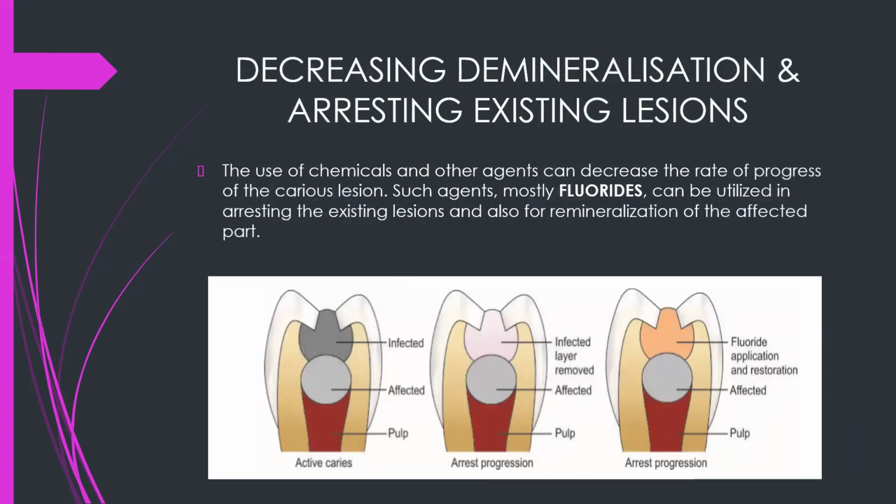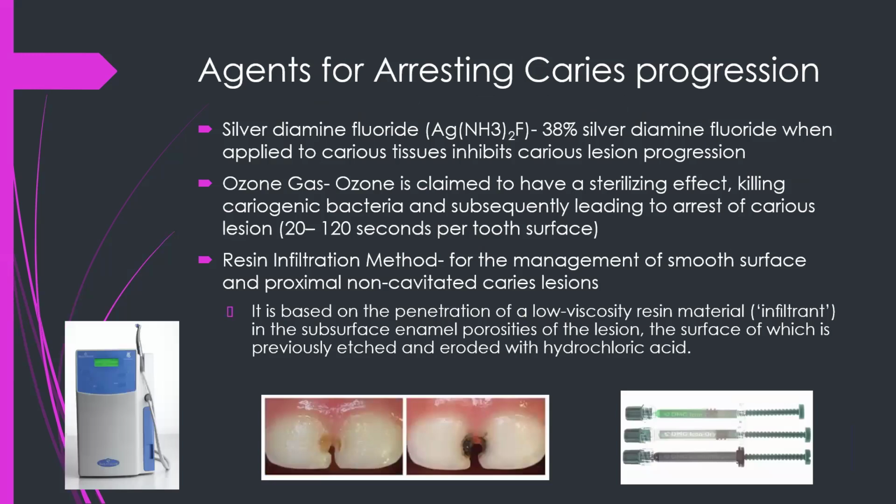We can use certain chemical agents which will decrease the demineralization and arrest the existing lesions, primarily fluorides, which can arrest the existing lesions and also help in remineralization of the lesions. So first we come to agents for arresting caries progression. The first one is silver diamine fluoride, which can be used mainly for pediatric patients.